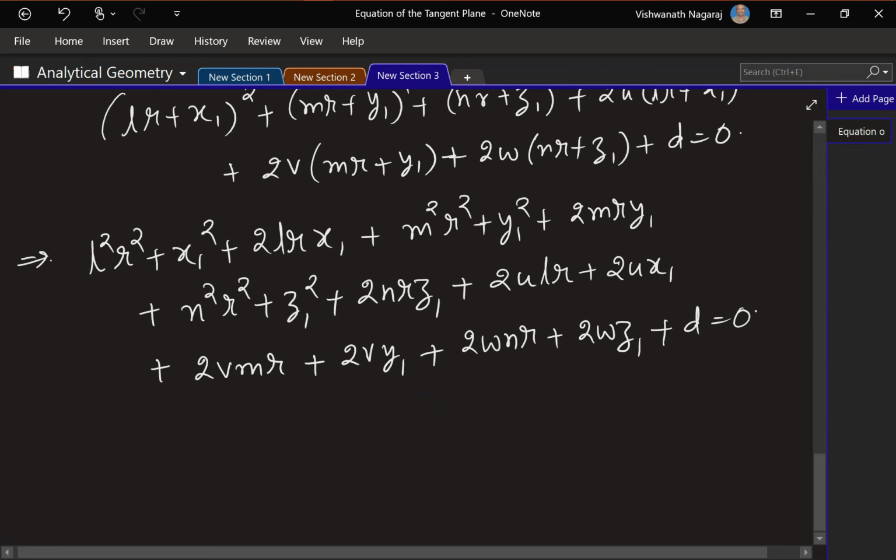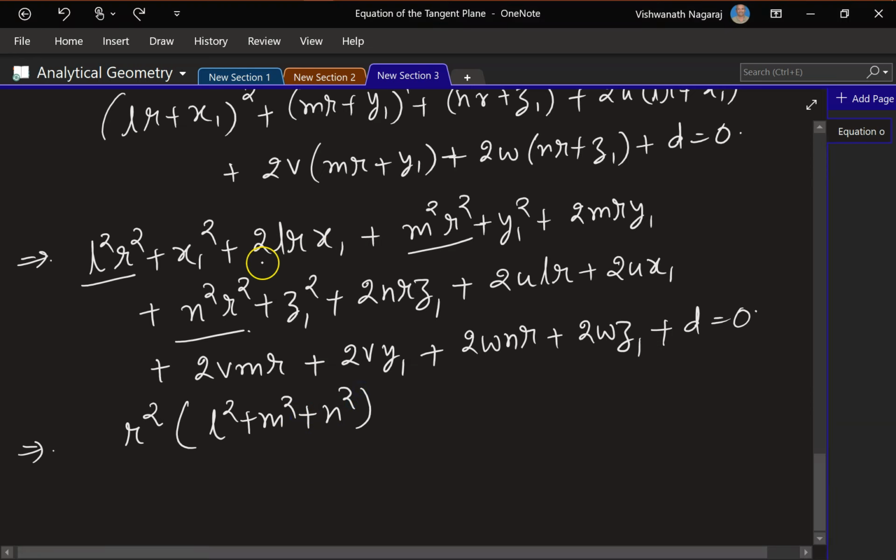Okay, now let's do some grouping. So L square R square plus M square R square plus N square R square. Here R square is common, so let's take it out: R square times (L square plus M square plus N square).